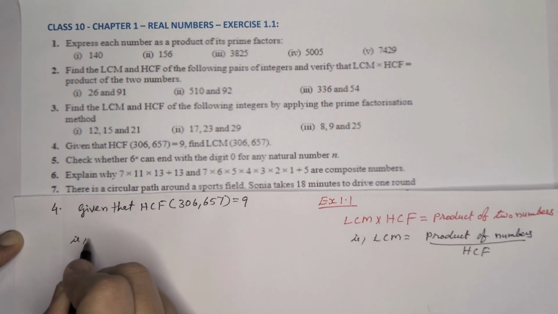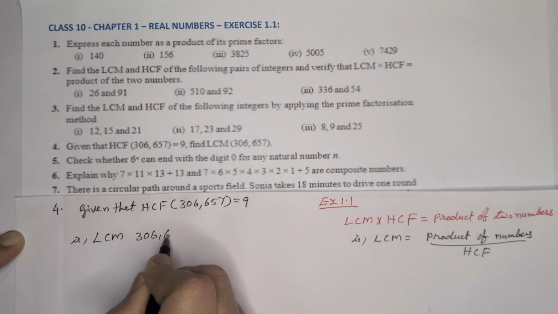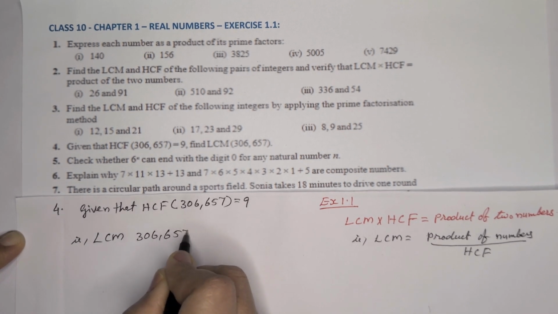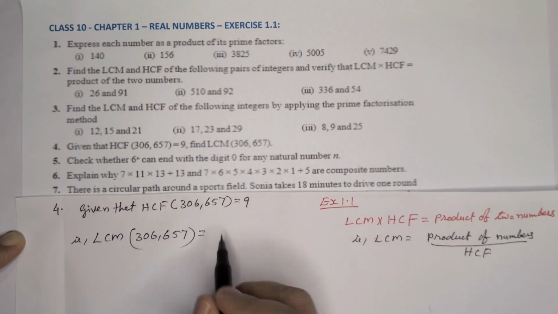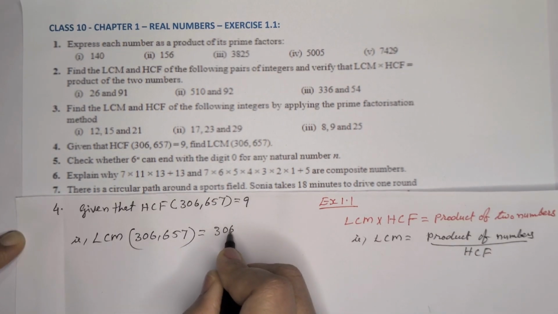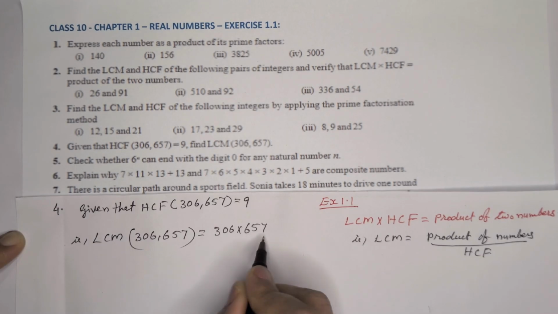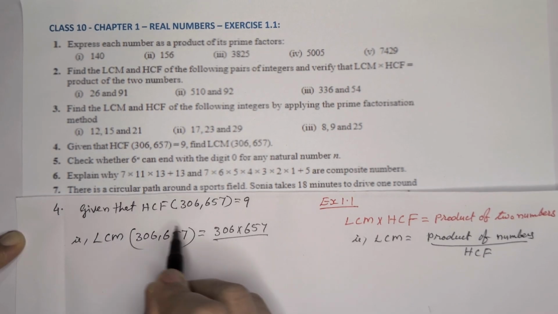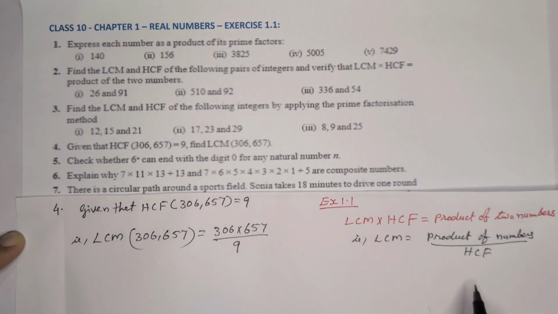That is, LCM of 306 and 657 is equal to 306 into 657 divided by the HCF of these numbers, that is 9.